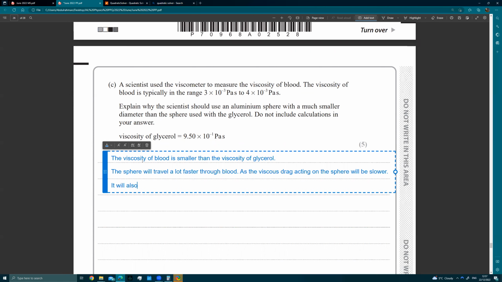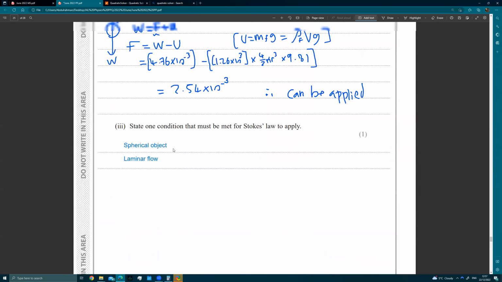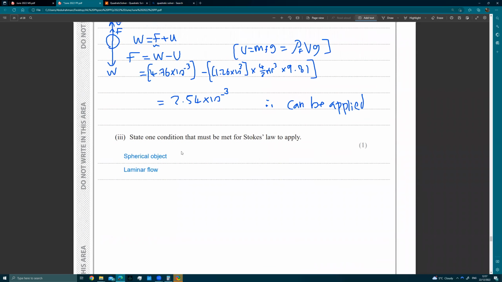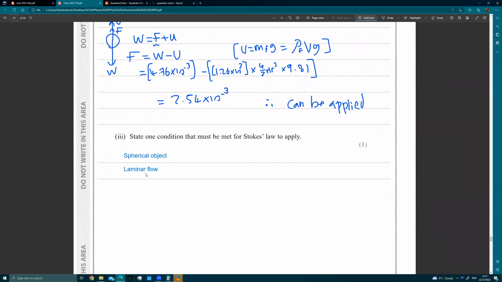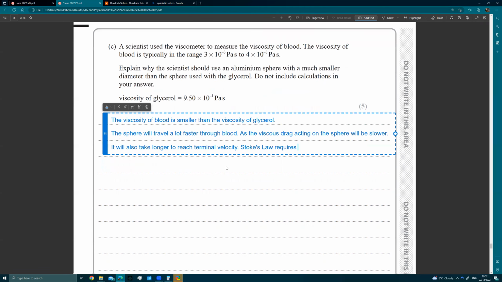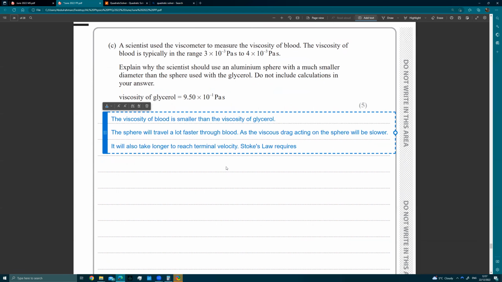It will also take longer to reach terminal velocity. We know this is a problem. And we also know Stokes' law requires, and we're going to use a condition we just spoke about, Stokes' law requires laminar flow, i.e. low speeds. We might not get this in blood because it's traveling too fast.